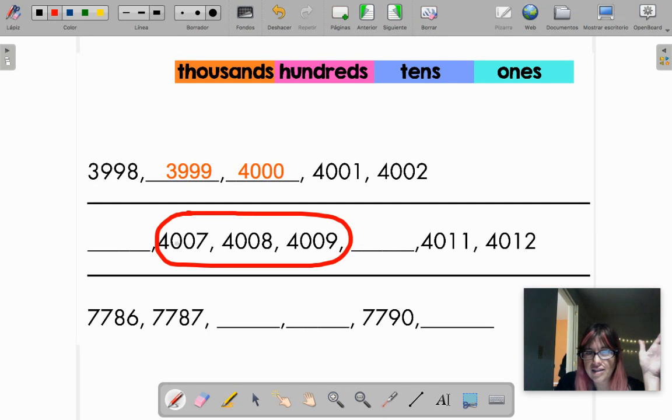That part is not changing. Imagine we cross it. All this is the same, 400, 400. So the only number that is changing are the ones, 7, 8, 9. So that means they are counting one by one again in the ones place.